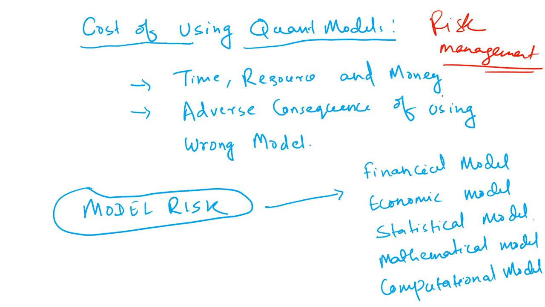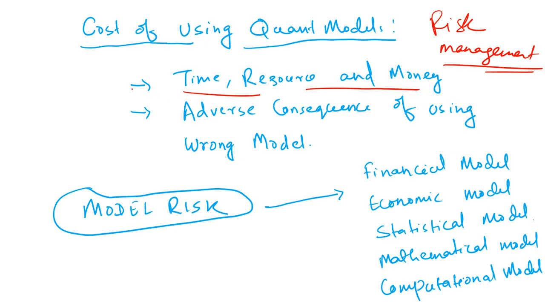So there is always risk involved, and for that quant models are used to mitigate or reduce that kind of risk. But there is a cost involved. The cost involved in quantitative analysis is time, resource, and money, which is of course a cost involved in almost everything that a bank does.